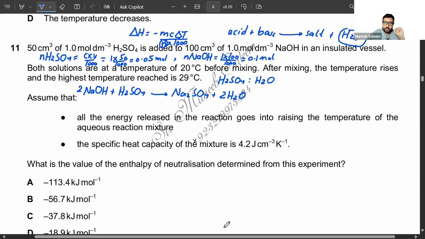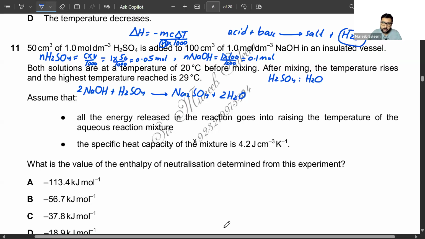Now according to the ratio between sulfuric acid and water, I will write here H2SO4 to water. If you recall the definition of enthalpy of neutralization, it is the enthalpy change when 1 mole of acid reacts with base to produce 1 mole of water. So it is related to 1 mole of water produced in the neutralization.